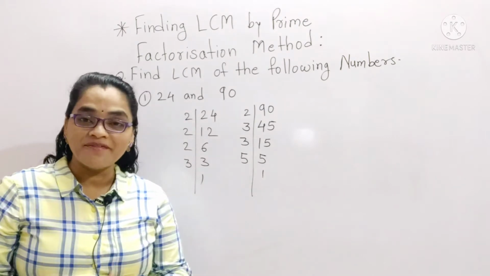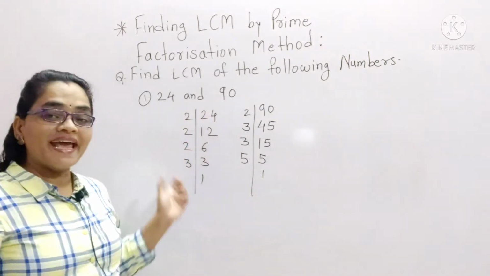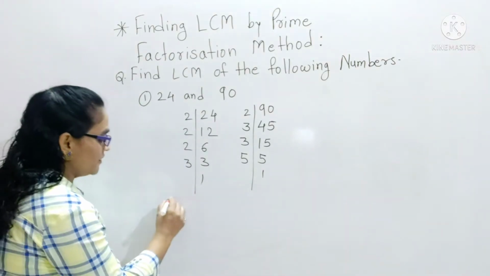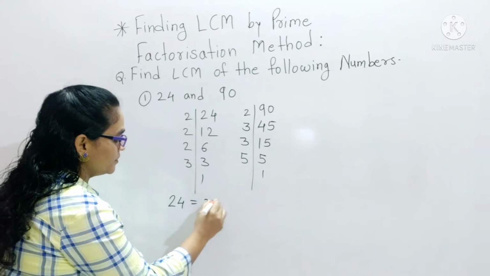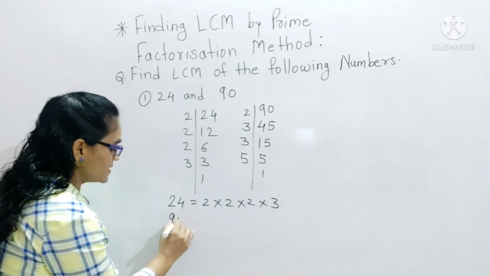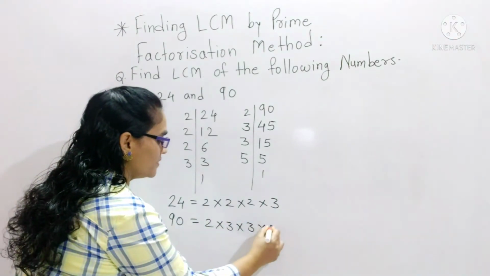After finding prime factors of given numbers, write the number as a product. 24 is equal to 2 into 2 into 2 into 3. 90 is equal to 2 into 3 into 3 into 5.